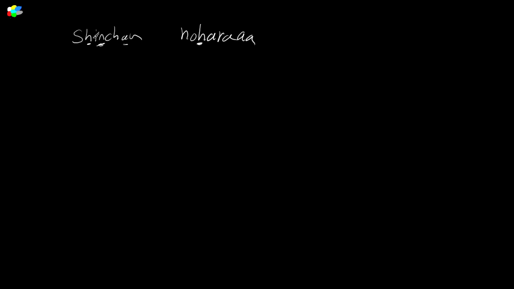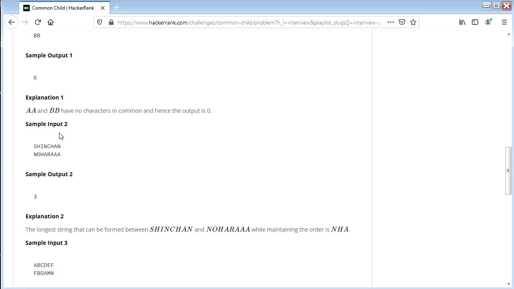All right. So this N can match this one. So that means we shouldn't take this H, right? So we got N with N, H with H, and A with A, and then nothing else matches. So we're looking at N, H, A, so the answer would be 3. That's the size of the largest child that is common to both of these strings. And we see here, sample input 2, sample output 3, explanation, NHA.